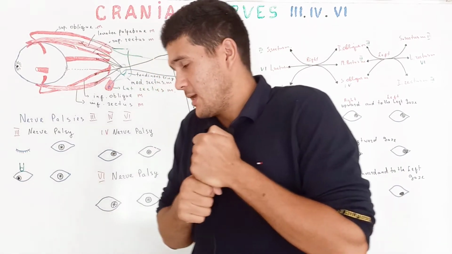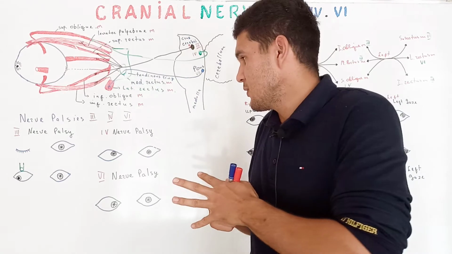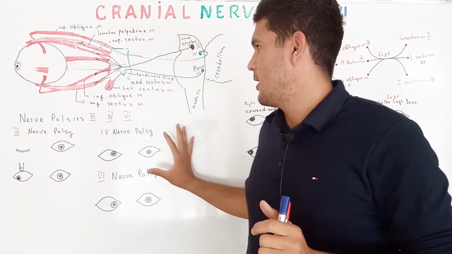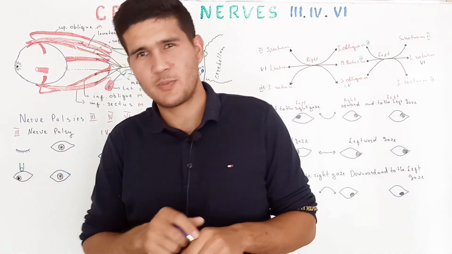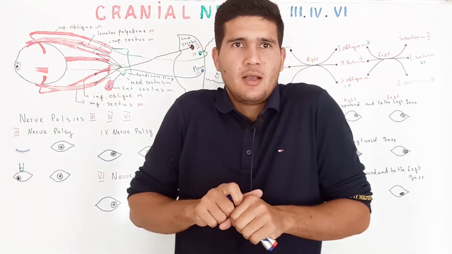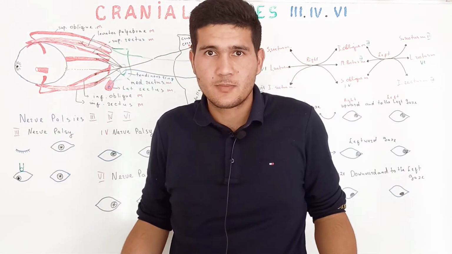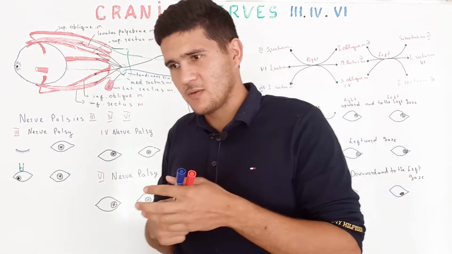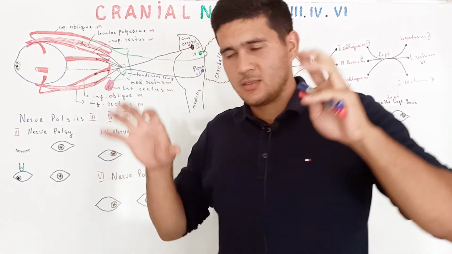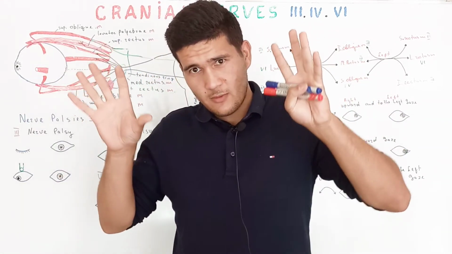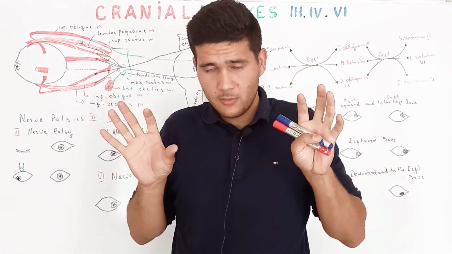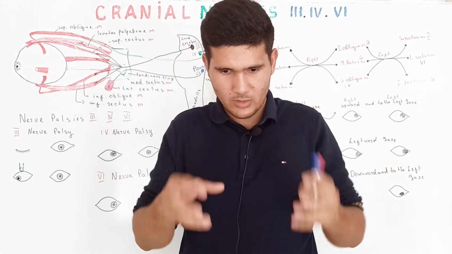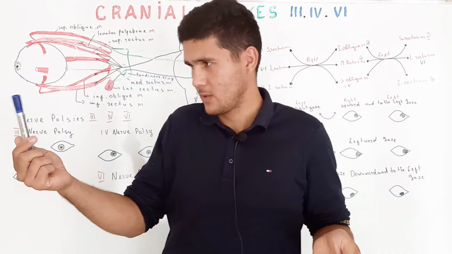Okay, and further information for you is that in these three kinds of nerve palsies, the patient can complain that I have a double vision. We call this in medicine diplopia. One of the main reasons is that in the normal function of the eyeballs, both eyeballs should concentrate on one thing when you watch something, for example, my marker.